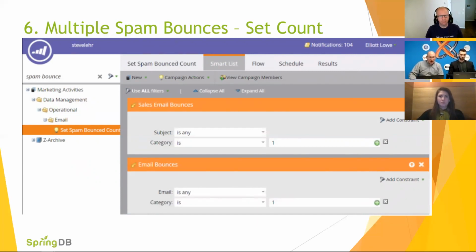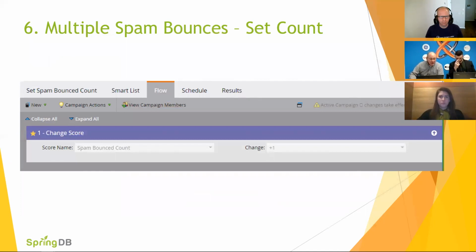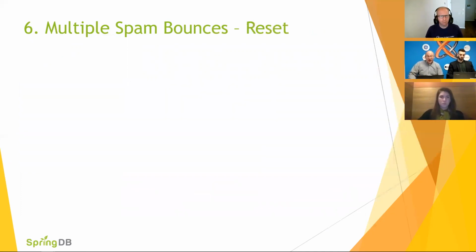So trigger on those category 1 bounces, and then the next step in your flow would be to change a score. In this case, you might set up a score field called spam bounce count, and you'd increment it by 1 when they had their first bounce, and so forth. Then as it builds up, you can create another smart campaign that gets triggered once that bounce count goes over a certain threshold.